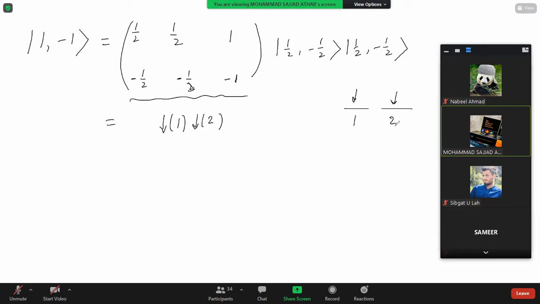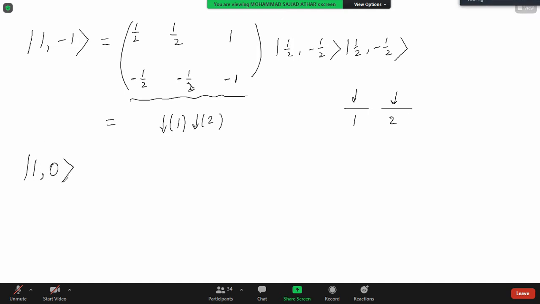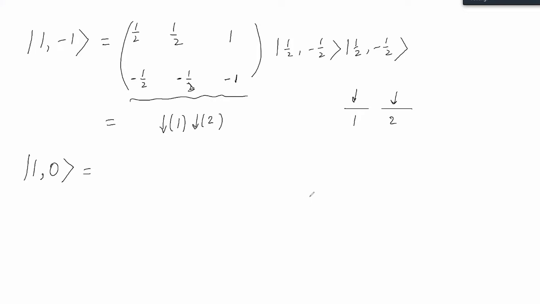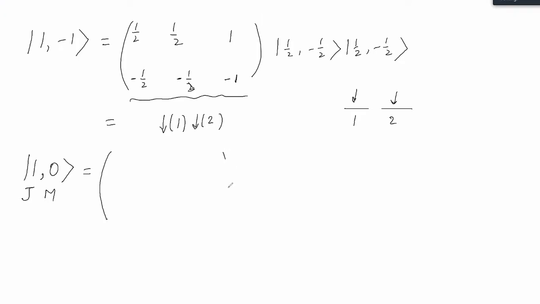Now we have discussed two cases. Now the other two possibilities, 1, 0. 1, 0 means my J is 1, my M is 0. And this we have to form from two spin half particles. Okay.